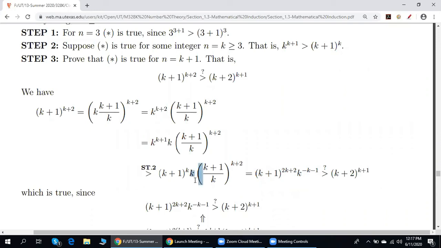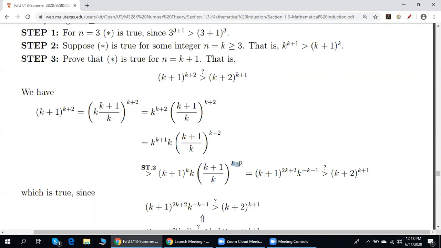So why in the world we have this? Think about this k as about k to first power. Next, please take a look at this k. This k is in the denominator. We divide by k. Since we divide by k, division by k is equivalent to multiplication by k to negative 1. So we can think about this fraction as about the following: k plus 1 times k to negative 1.